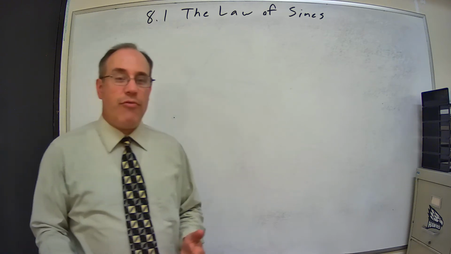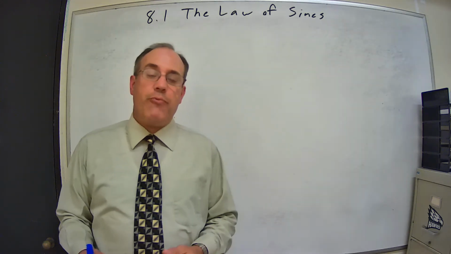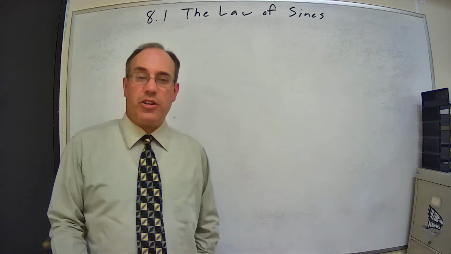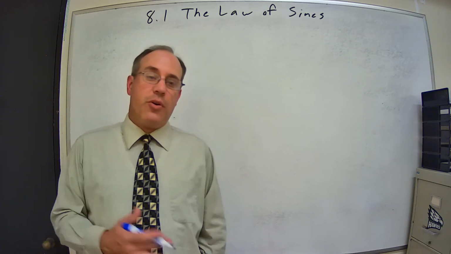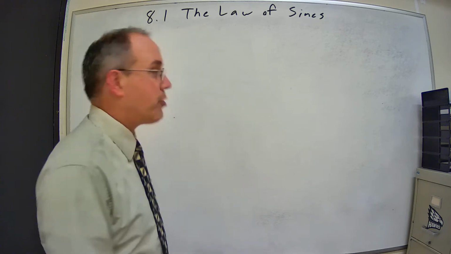If we have three angles and no length of side, then we have no guarantee that we're going to get congruent triangles, because if we don't have a length of any of the sides, then all we can guarantee is similar triangles.